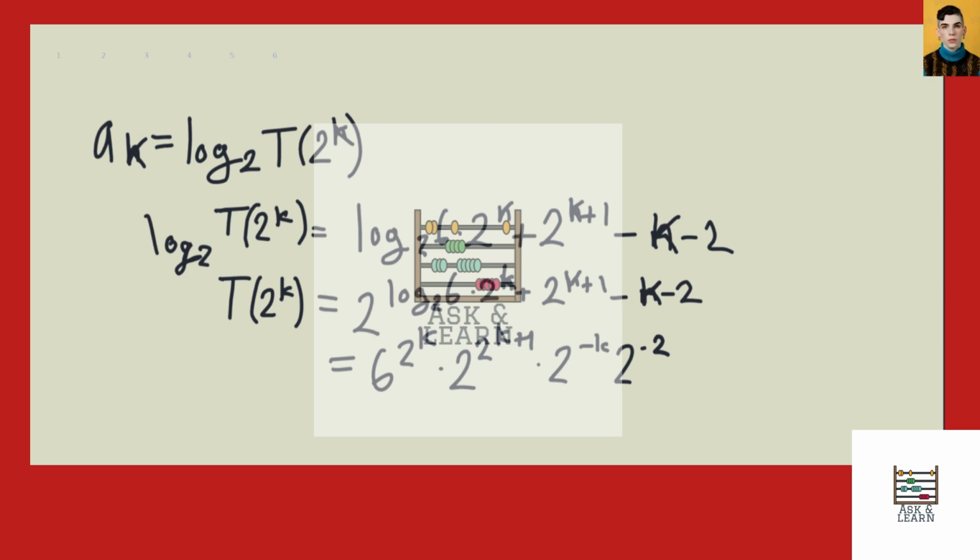And a little bit of algebra. This is equal to, you can put these below, right? So it'd be 6 to the power of 2 to the power of k times 2 to the power of 2 to the power of k plus 1 over 2 to the power of k times 2 squared.